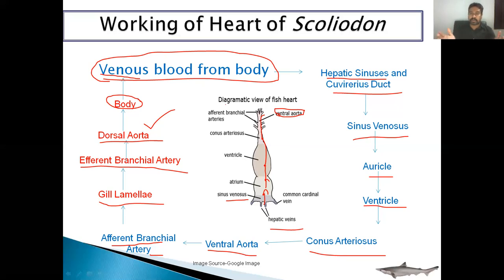In this heart, there is rhythmic contraction and relaxation, that is the systole and diastole. By this process, the blood is pumped from the heart to the gills for the purpose of aeration. So actually, in the case of Scoliodon, the heart pumps the blood to the gills for aeration by the help of the ventral aorta.